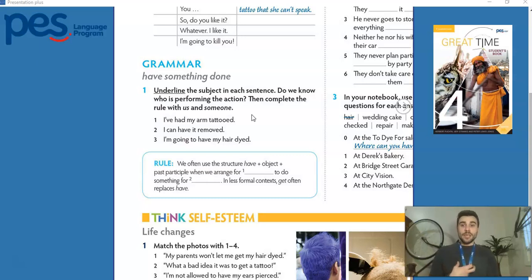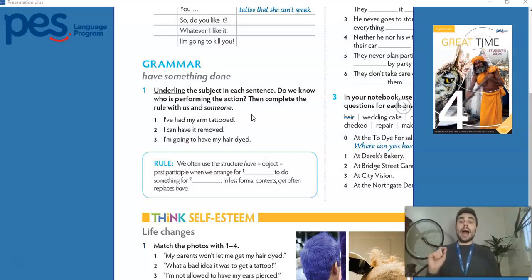Is it me who did the tattoo on my arm? Or is it a tattoo artist that has a place and then I go to the place and he does the tattoo? That's the option, right? So, in sentence number 1, we have the subject being I, but the performer of the action is the tattoo artist. Okay?